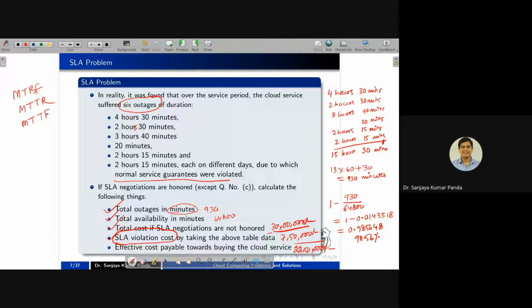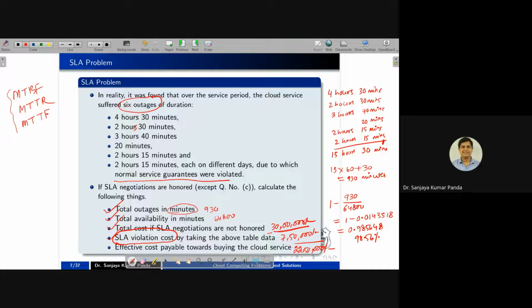These are the tolerance concepts. With these also, you can calculate the uptime, downtime, reliability, and availability of a system, and accordingly you can charge your provider if it is not followed.